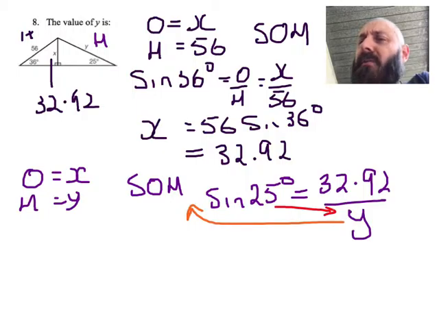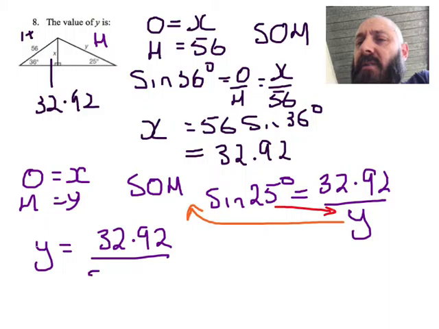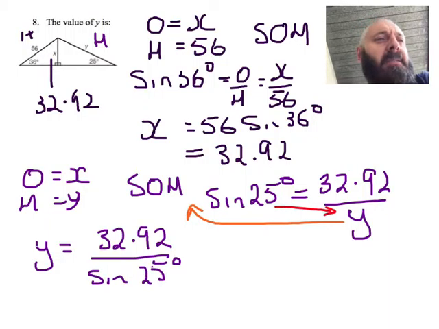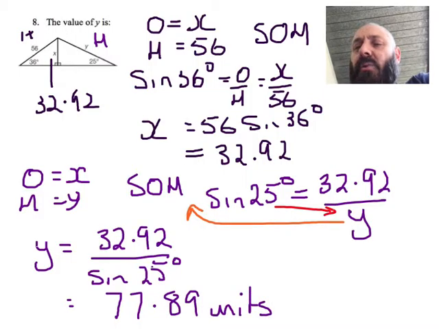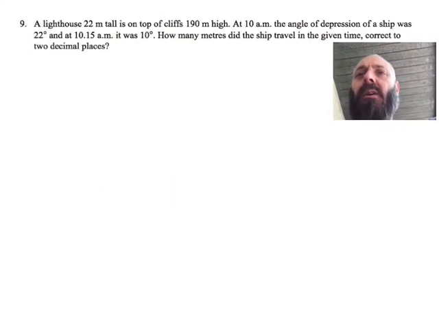So it was a little bit trickier. y equals 32.92 over sine 25 degrees, which I hope is 77.89 units. This is the question where I didn't have the units. And that one's done.